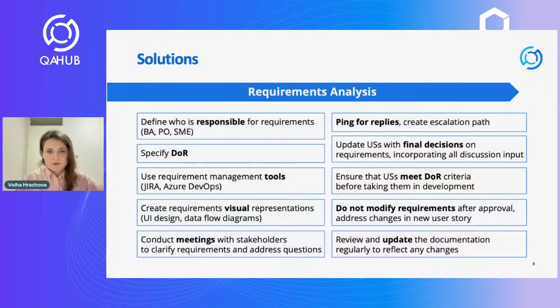And before starting work on implementation, make sure that you are fulfilling all the criteria from the definition of ready. And it's not enough just to have this definition of ready.